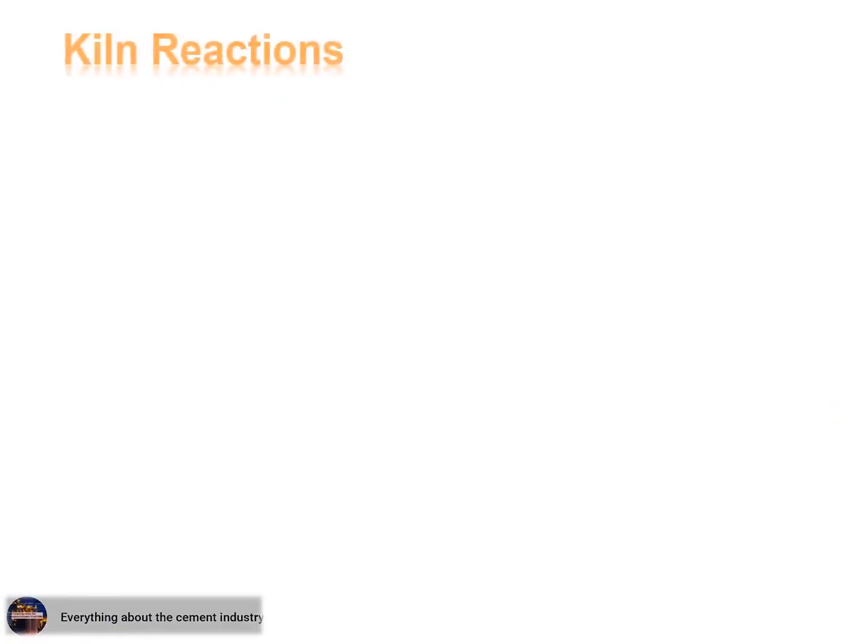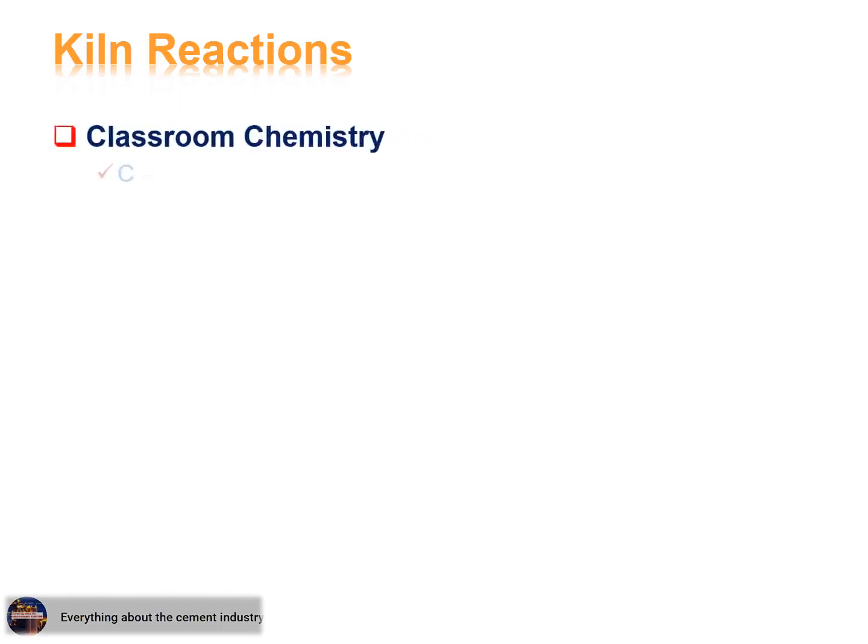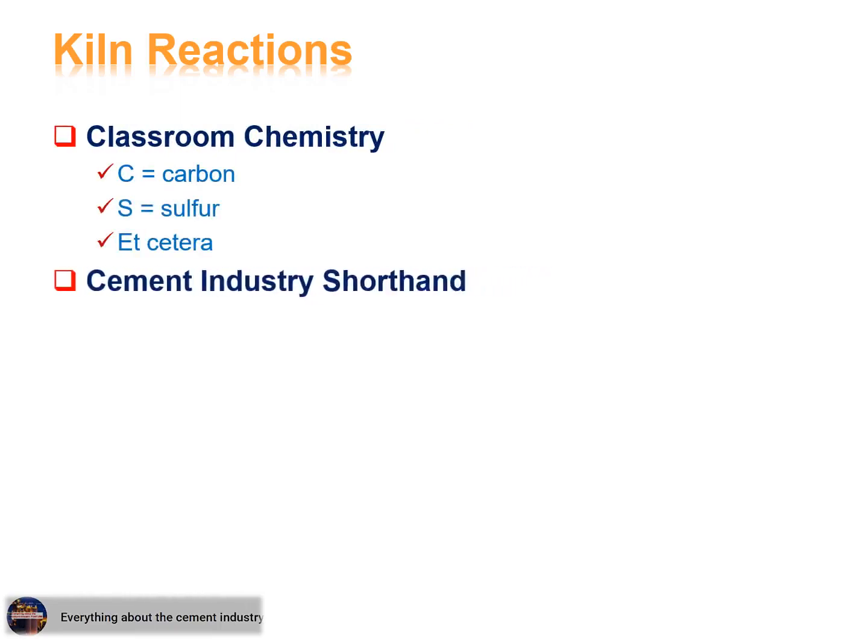Kiln reactions. Briefly, we review the reactions that occur inside the rotary kiln. Classroom chemistry: C equals carbon, S equals sulfur, etc. Cement industry shorthand: C equals CaO, lime.